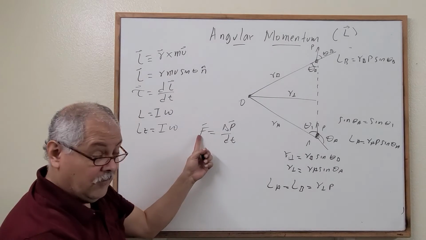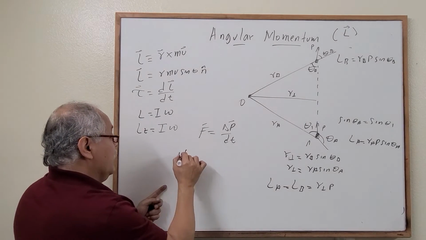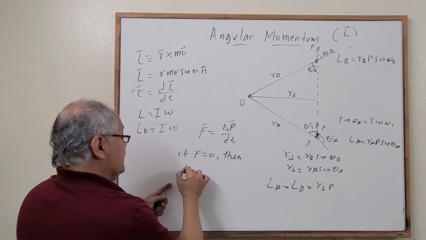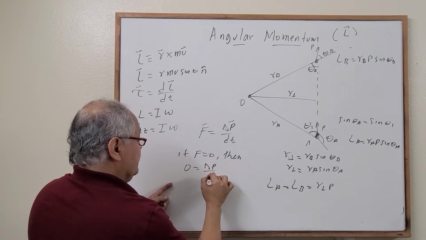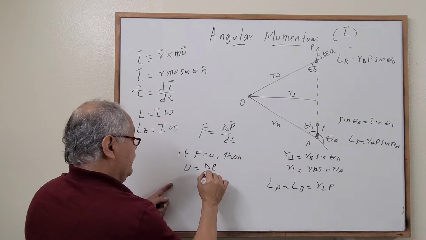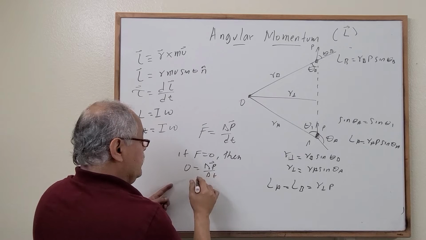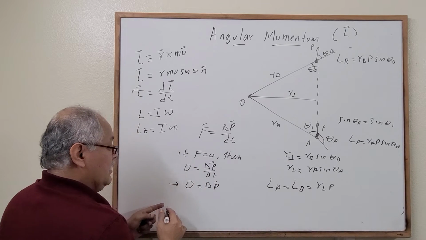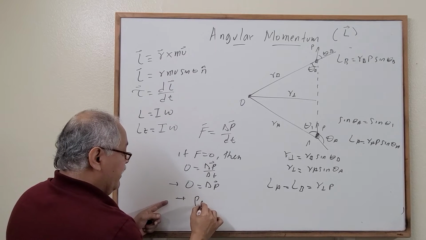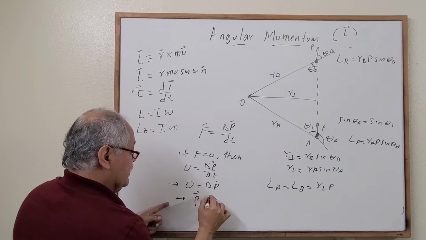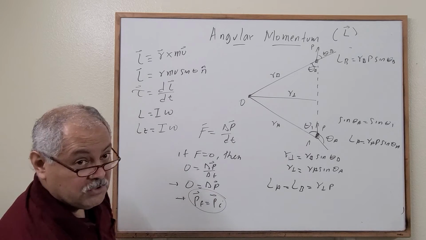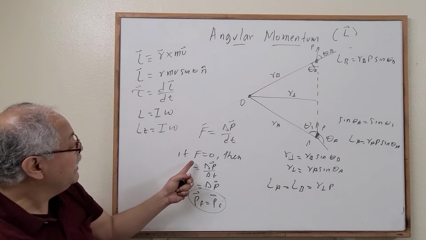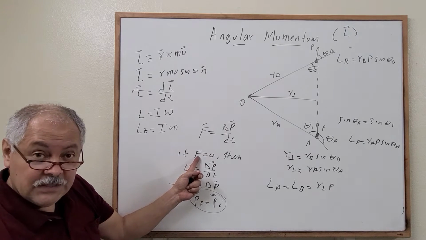If the external force is 0, then 0 is equal to the change in momentum with respect to time. That means the final momentum is equal to the initial momentum. Conclusion: linear momentum is conserved when the external force is 0.